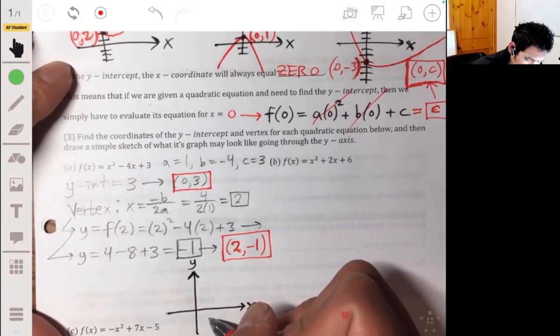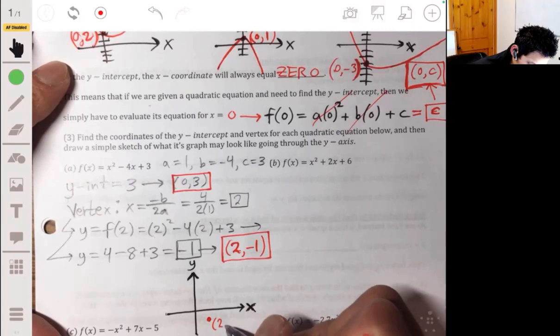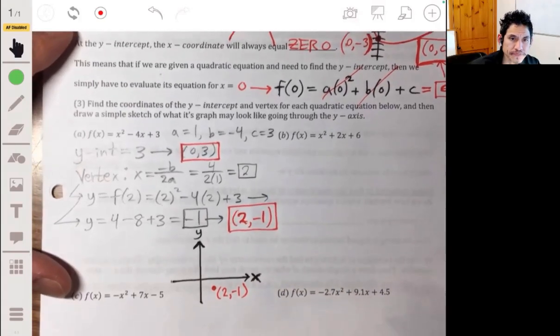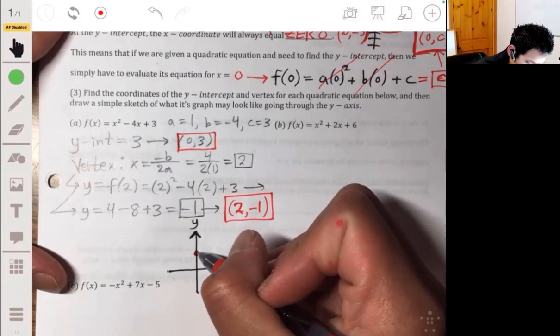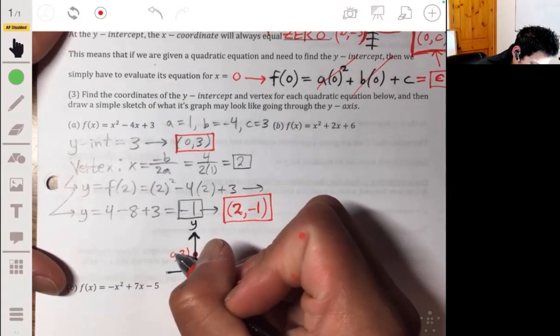Let's just say (2, -1) is about over here. And the y-intercept will be then (0, 3) over here. Again, it's just a sketch.